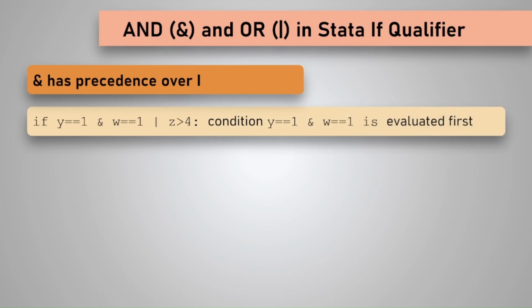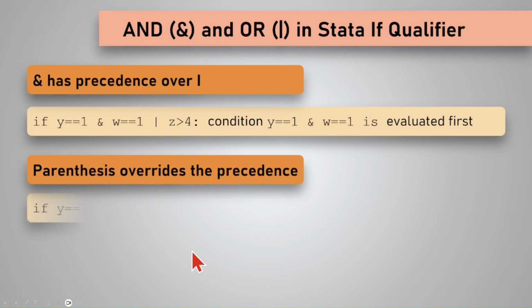When we have more than two conditions joined by the AND operator and the OR operator without parenthesis, then the conditions joined by the AND operator has precedence over the conditions joined by the OR operator. We can override this by using parenthesis.